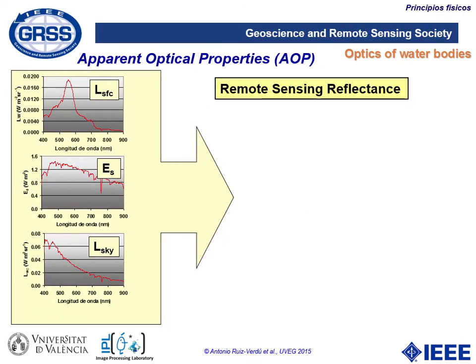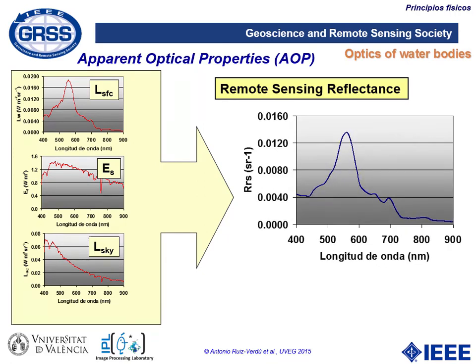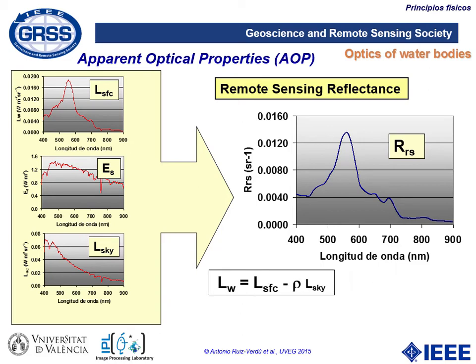So when we have measured these three magnitudes, we can obtain the remote sensing reflectance, which is written like you see here. But before, we have to correct the measured radiance, which we have called radiance from the surface, with the contribution of skylight, which is being reflected specularly by the surface.